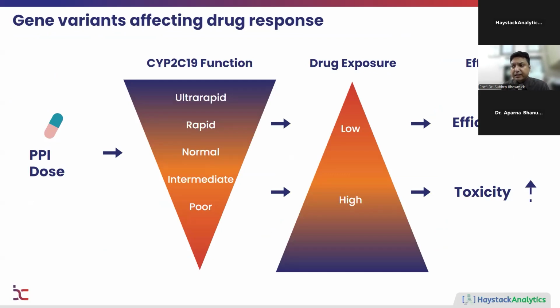What is the clinical implication of this? If we give antidepressant drugs like sertraline or escitalopram, if the patient is suffering from depression, then because the concentration of CYP2C19 is so low, this particular drug tends to accumulate in the body and produce more adverse reactions.